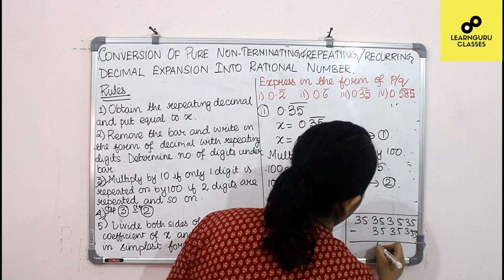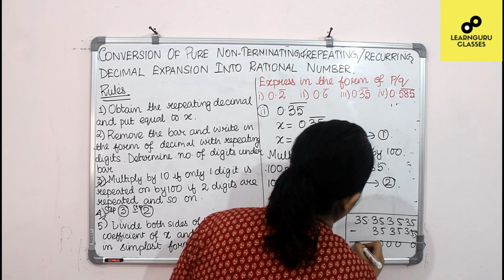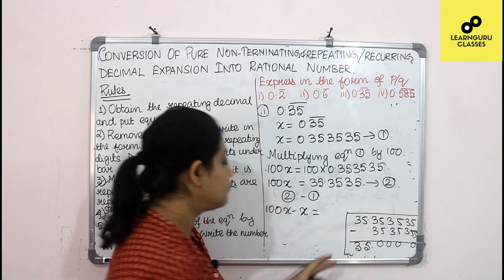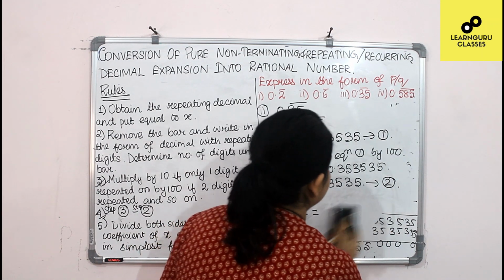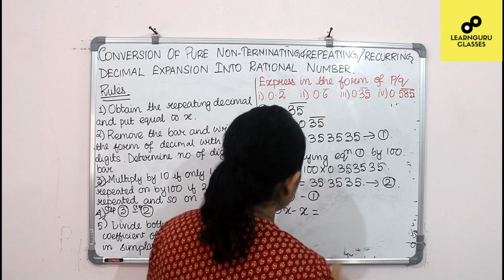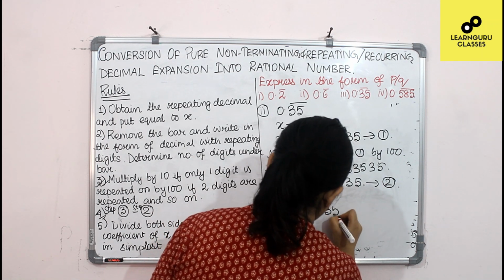All the digits after the decimal cancel to 0, and ultimately you are left with only 35.